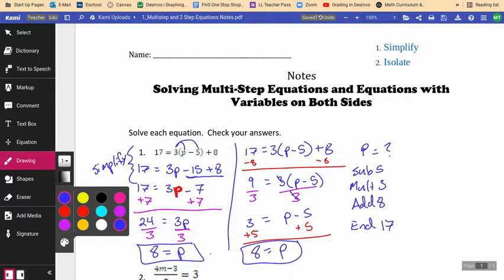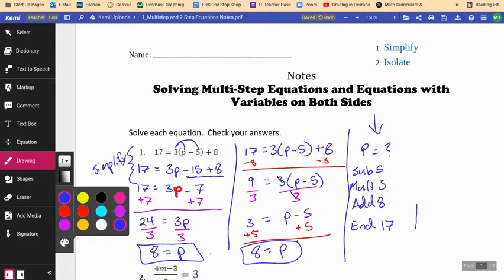And what I did here, again, this only works with one variable, is basically use these steps to undo that. So again, if I understand that I start with the number P, I'm going to subtract 5, multiply by 3, add 8, and I end up with an answer of 17.